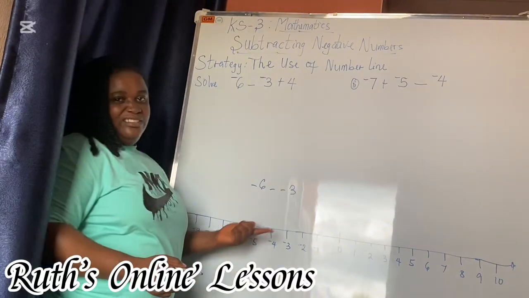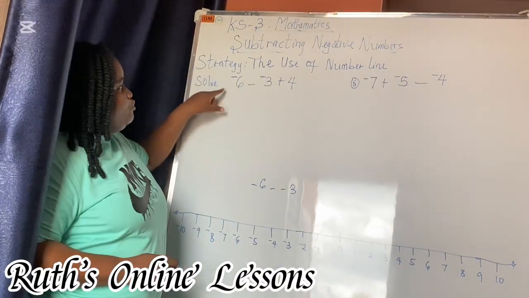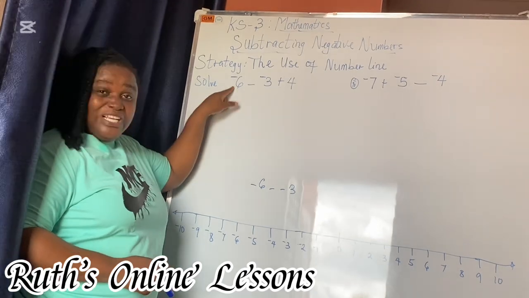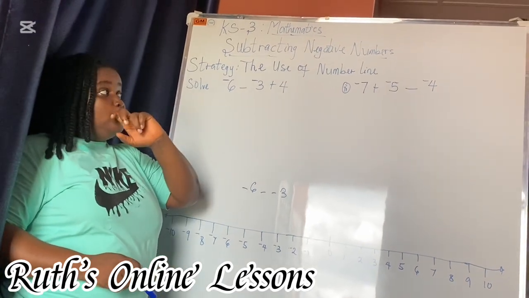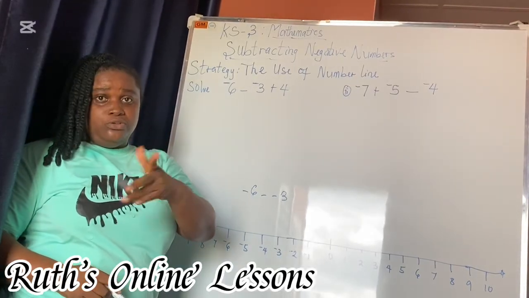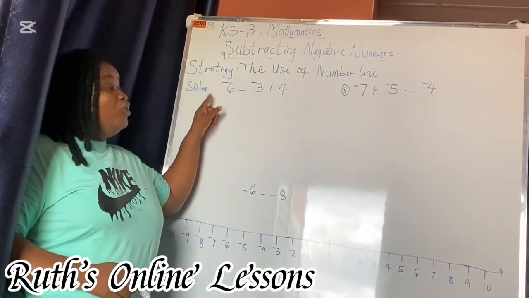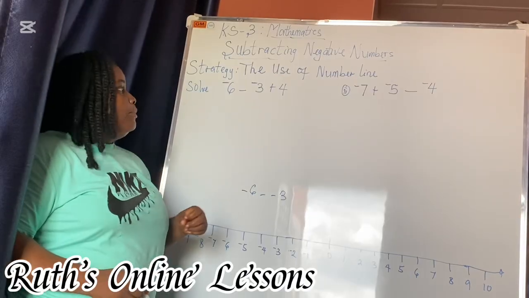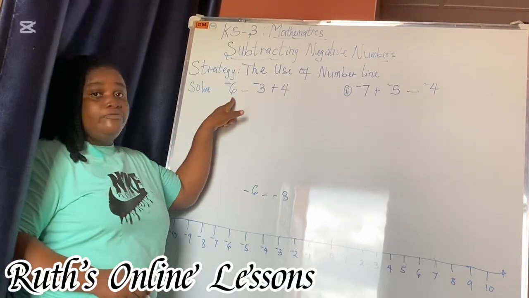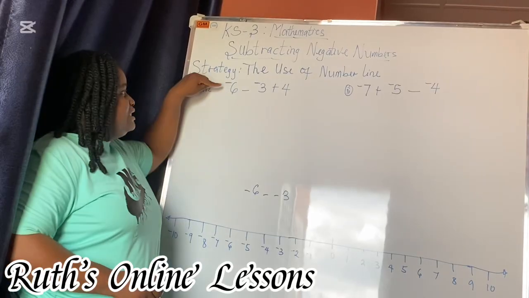When you have negative numbers like this, it is best you represent it this way. For those of us who use the Cambridge textbook, the AQA, whatever we use, those foreign texts, you will understand what I'm talking about. But for those of us who have not seen this before, we represent negative numbers like this. So this is -6.